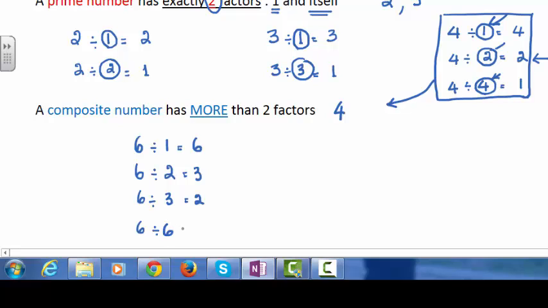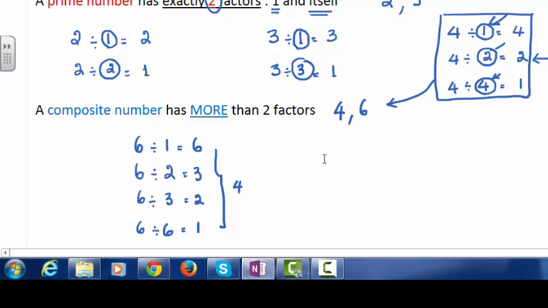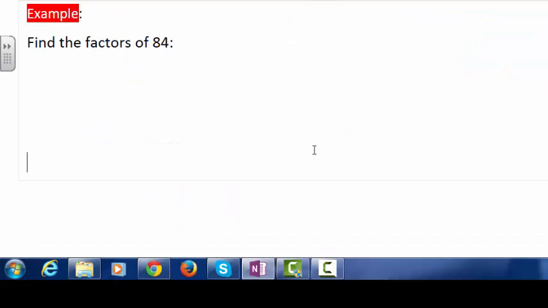No. 6? Yes, 1. So how many factors do I have? As you can see, I have 4 factors. That means 4 and 6 are examples of a composite number. This is the difference between prime number and composite number. I hope you understood this part. Let's move to another example.